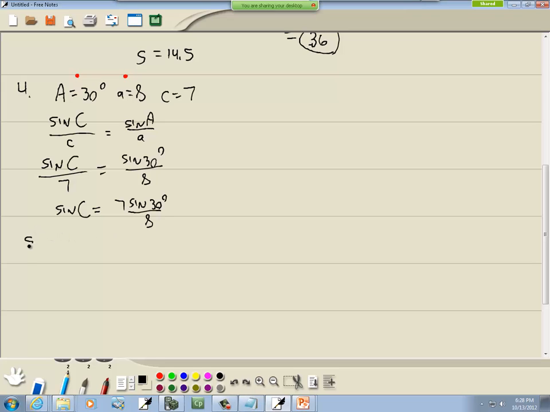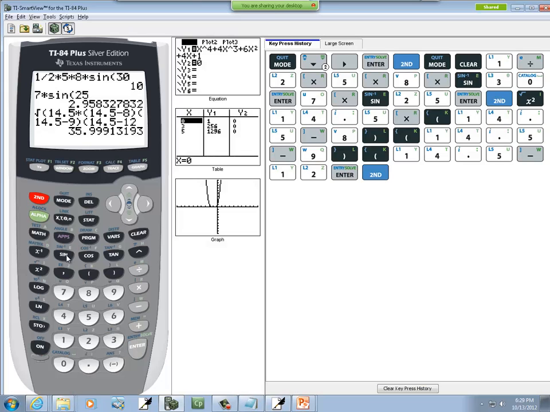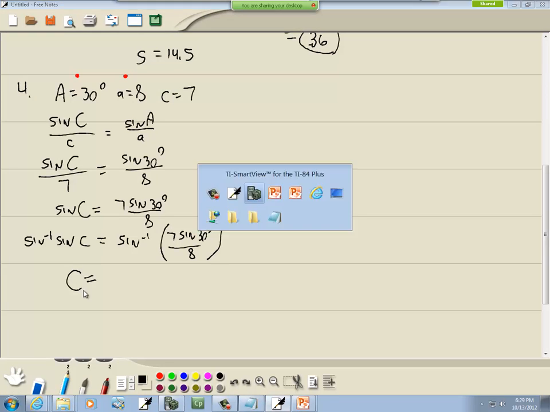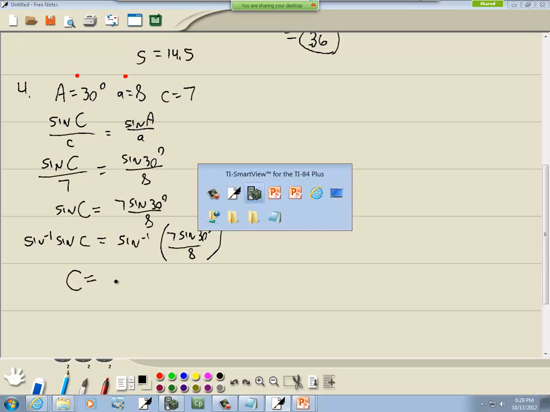And take inverse sine of both sides. So angle C equals inverse sine of 7 sine 30 degrees over 8. Let's put this in our calculator. Inverse sine of 7 sine 30, with a closing parenthesis on 30, divided by 8.